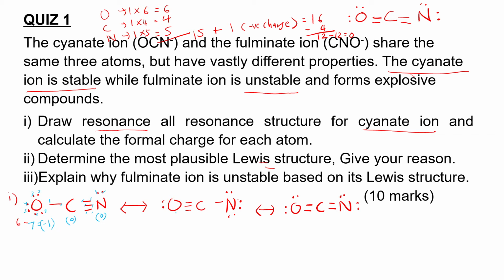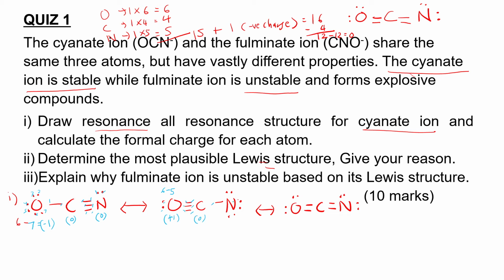For the second structure, 6 valence electrons of oxygen minus 1, 2, 3, 4, 5. 5 electrons around, so we have positive 1. Then 4 valence electrons of carbon minus 1, 2, 3, 4. So 4 minus 4, 0.